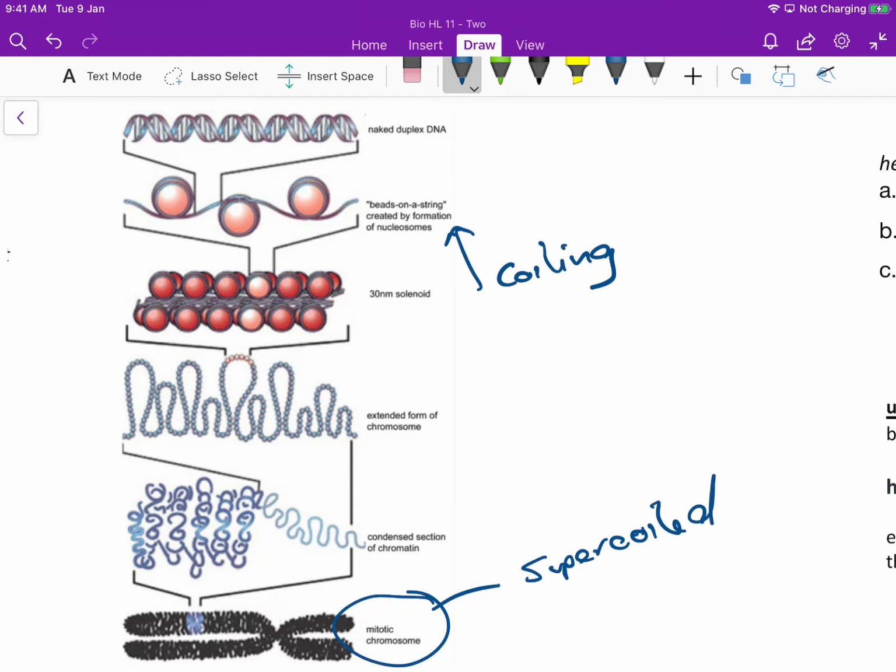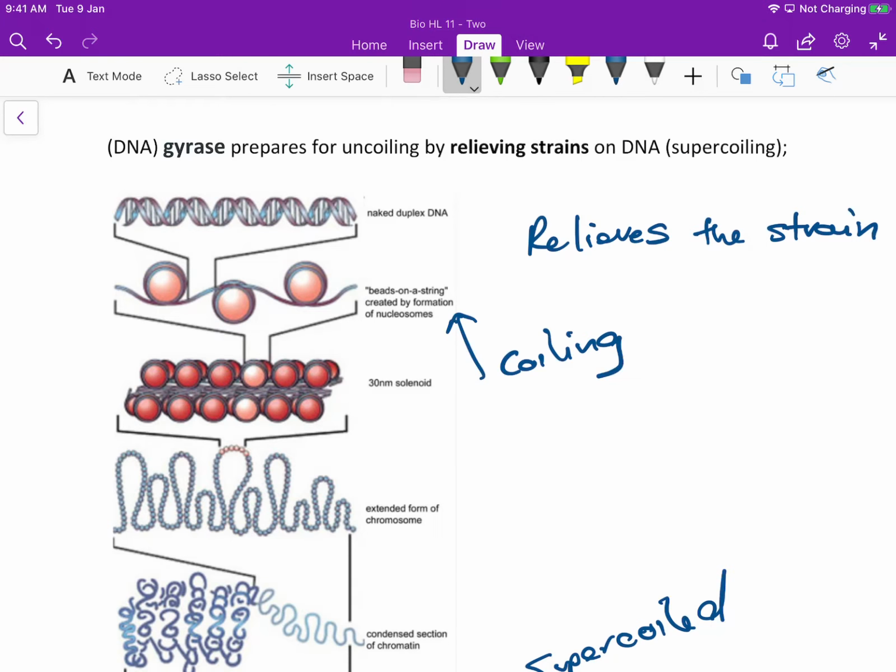And so we need to have something that relieves the strain on the DNA. If there's any kind of coiling or any strain, we need to relieve that to unwind it, to allow things to start to copy it. So what happens is we get an enzyme which is going to come along and bind to the DNA, and that's DNA gyrase. It will bind and it will relieve the strain.